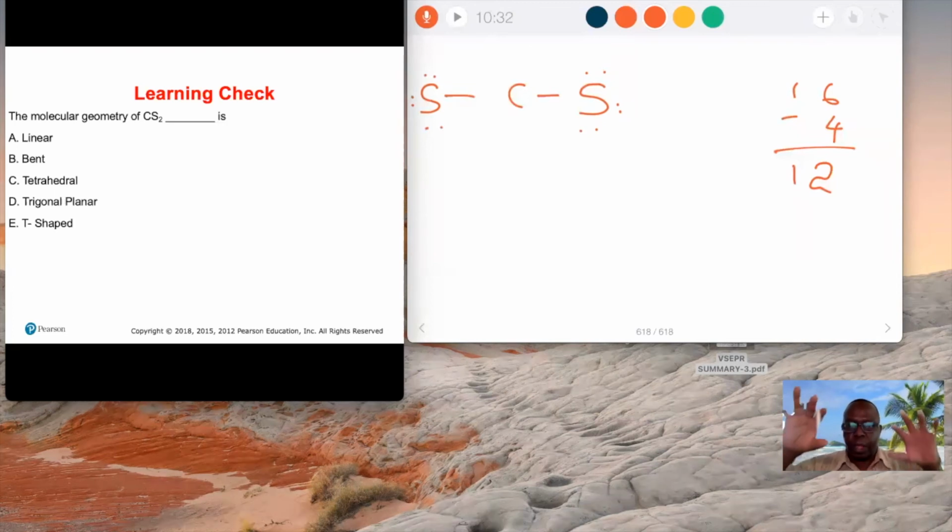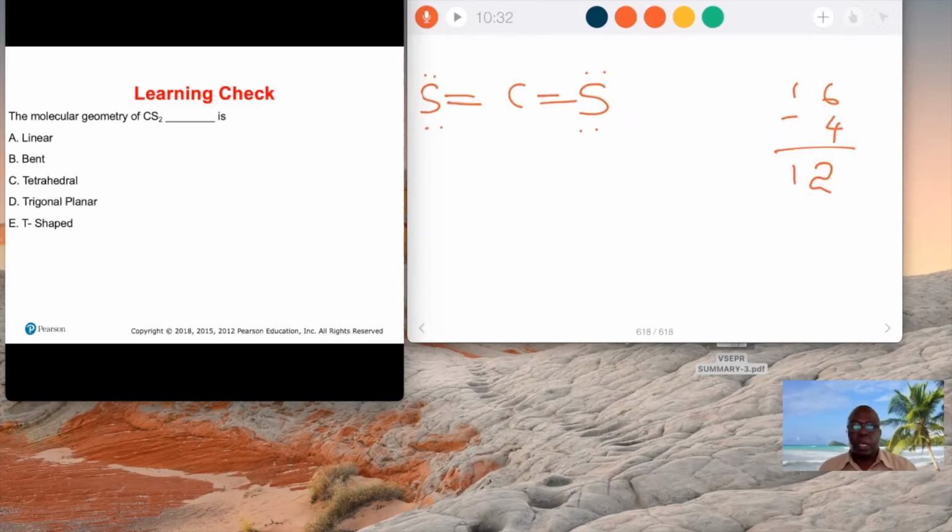I have to satisfy the octet rule in the external atoms and then do the math. Make sure the central atom also satisfies the octet rule, with the exception of boron, which we looked at last time, there are some exceptions, except hydrogen, of course, which cannot be a central atom. So we're going to make a double bond on either side to satisfy the octet rule on carbon.